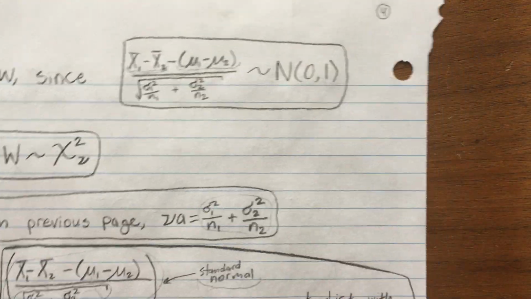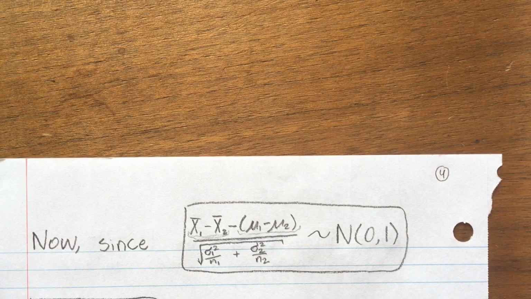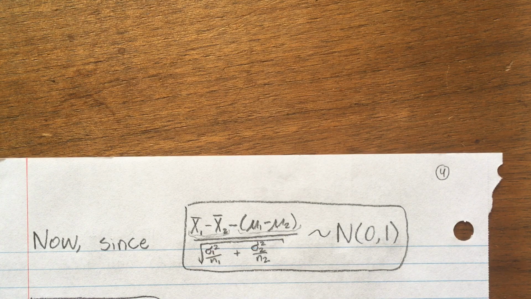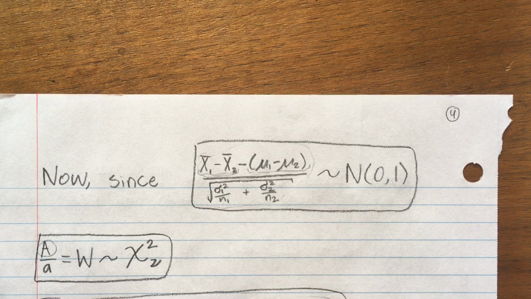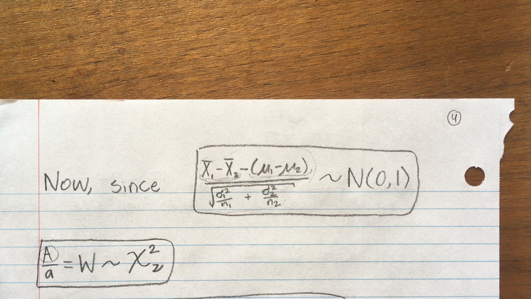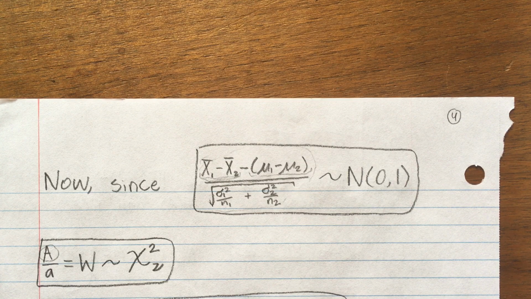All that's left is to build our t-test. So first of all, just recall that this random variable that I wrote here is just a standard normal, right? Also recall our definition of A. A is a scaled chi-squared distribution. A divided by little a equals W, which is just a chi-squared with V degrees of freedom.